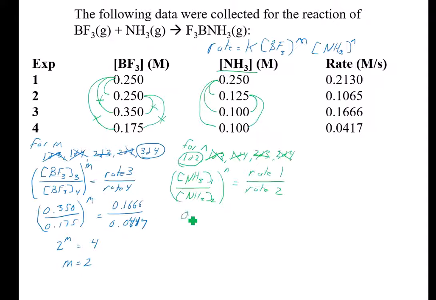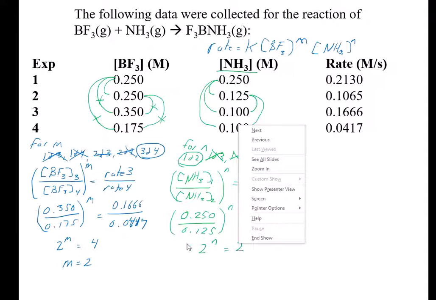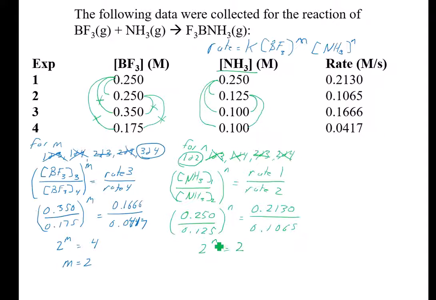I have 0.250 over 0.125, to the N, equals 0.2130 divided by 0.1065. When I do 0.25 divided by 0.125, I get 2. And 0.2130 divided by 0.1065, I get 2. So what power is N? N is equal to 1.